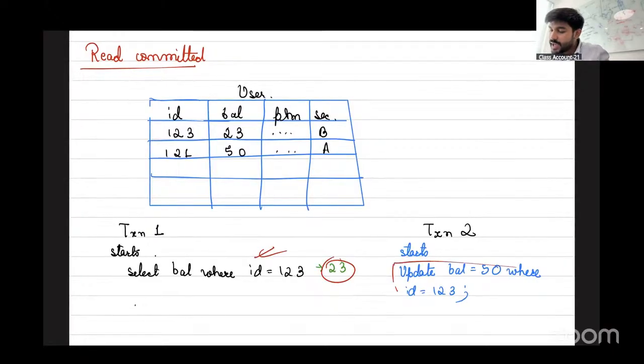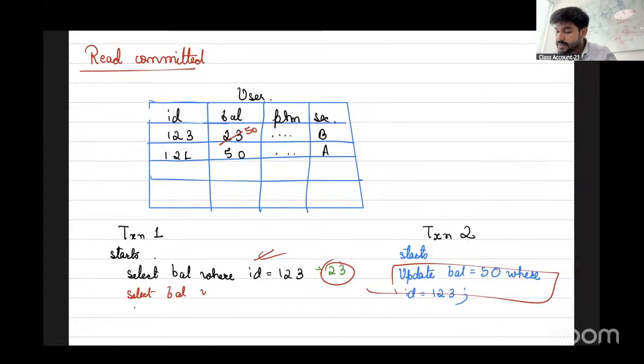Then this line ran. It updated this value to 50. Now, if you again do the same thing, that is select balance where ID equals 123, then it would return you 50.